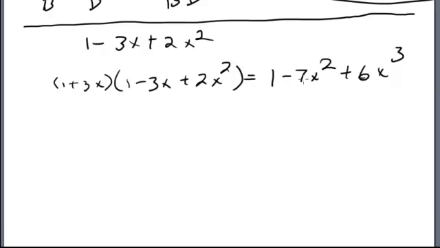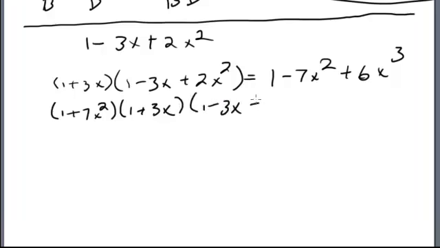So the next step is to get rid of the negative 7x squared term. I do that by multiplying by 1 plus 7x squared times 1 plus 3x times 1 minus 3x plus 2x squared, and that's going to equal, okay, the 7x squareds are gone. 7x squared times negative 7x squared is negative 49x to the 4th.